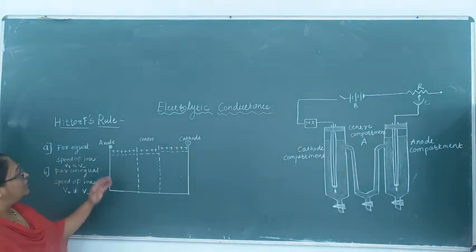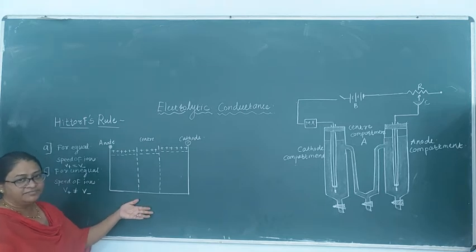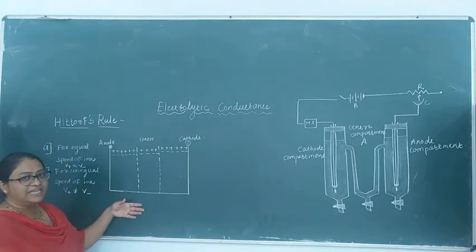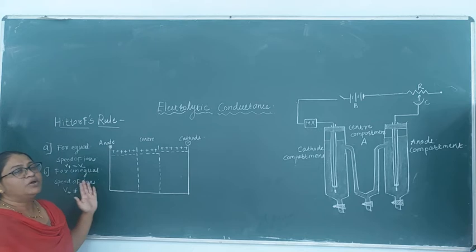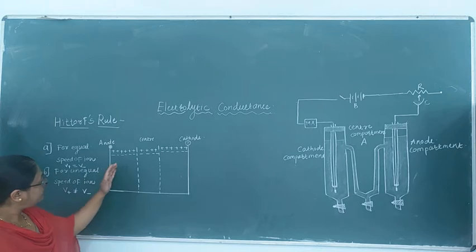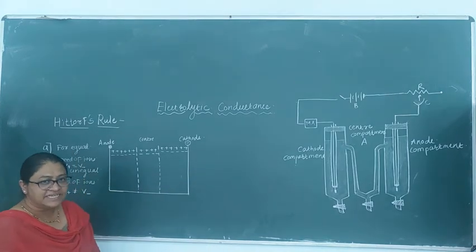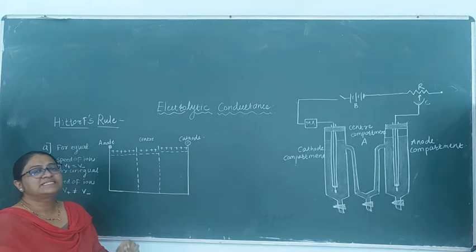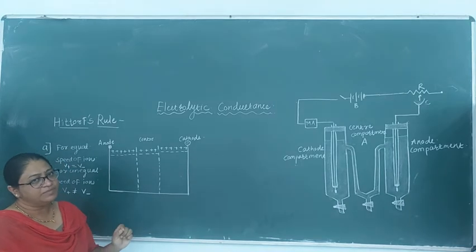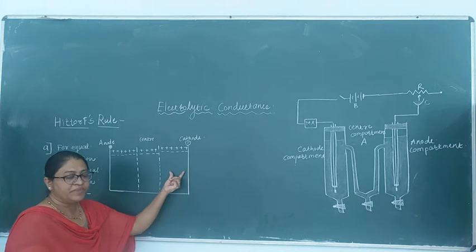Here we have considered an electrolytic cell. In that electrolytic cell, the same number of positive and negative ions are considered. In the anodic compartment and in the cathodic compartment, we have considered 6 ions of each, that means 6 positive and 6 negative, here as well as here.